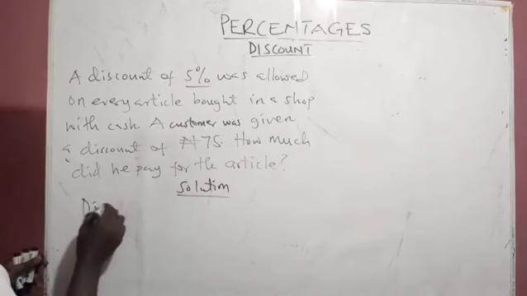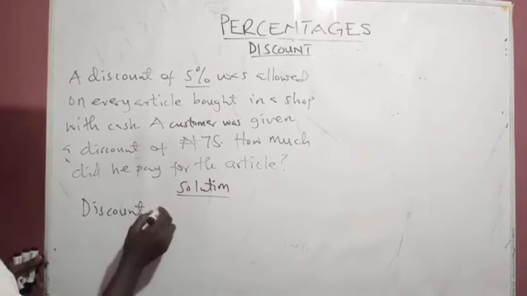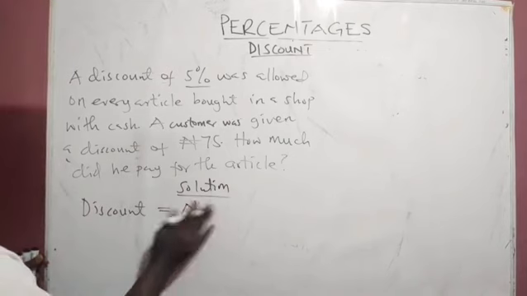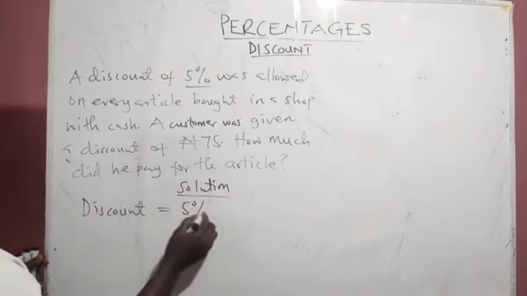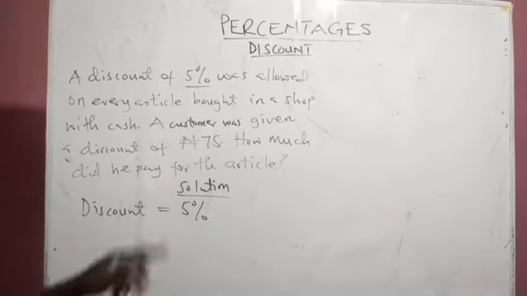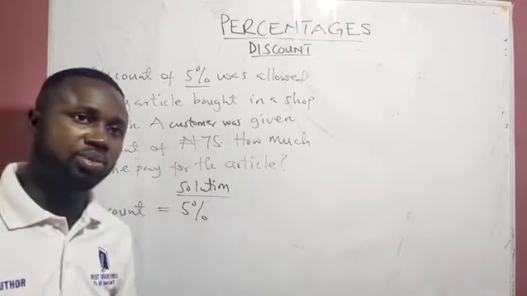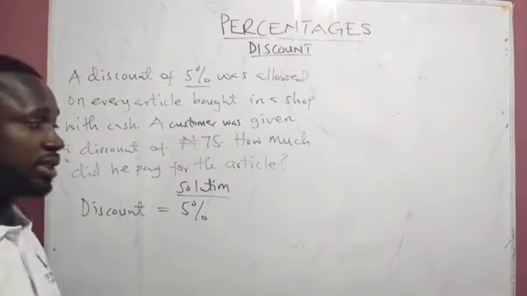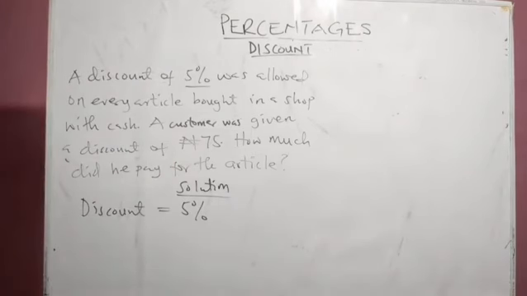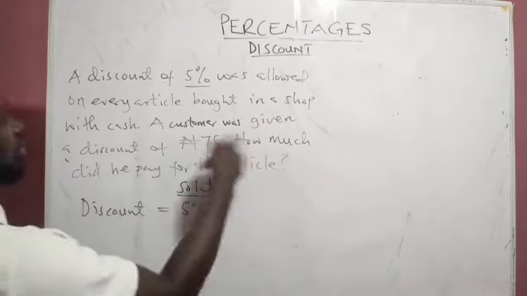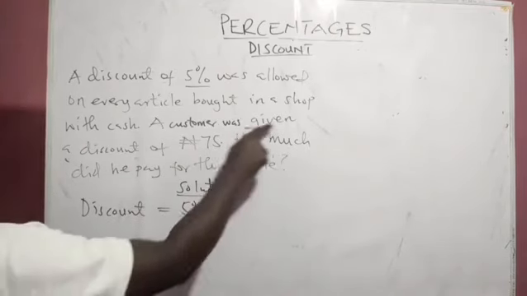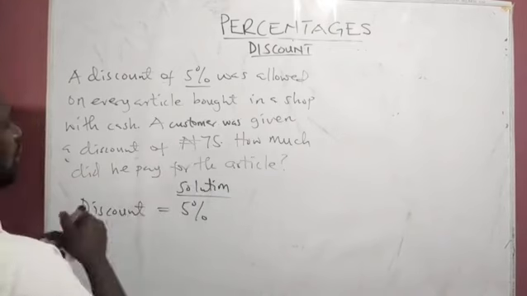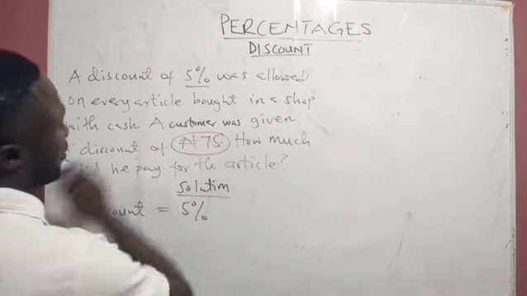So the discount is 5%. It means that the customer is no longer going to pay 100%, but he pays 95%. Let's look at the value given in the question. A customer was given a discount of 75 naira.